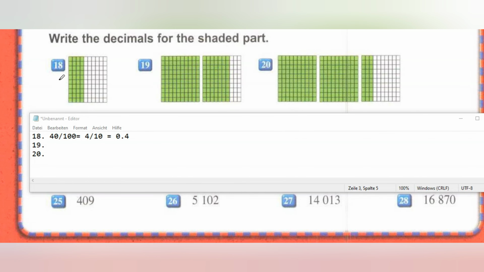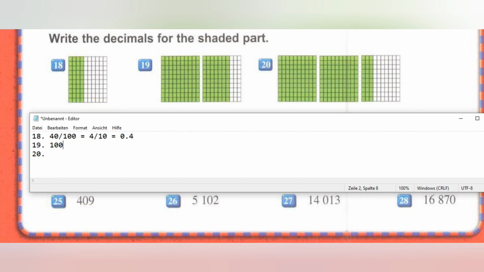So the task number 18, we must write the decimals for the shaded part. So we have a big square which contains 100 small pieces, and we can write this as 40 over 100. It means it's 4 over 10, and the result is 0.4. So the last we have one big square green with 100 pieces.